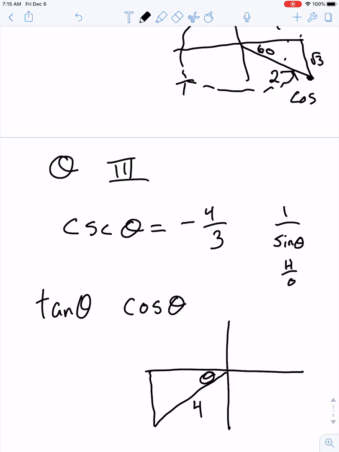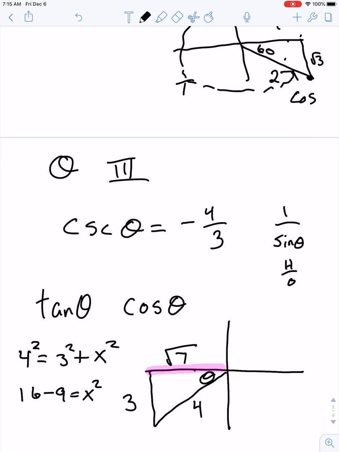We know the side opposite the angle is 3. So now we need to determine this side right here. So we'll use the Pythagorean theorem. 4 squared is equal to 3 squared plus we don't know squared. So that's 16 minus 9 is equal to x squared. So that gives us square root of 7.